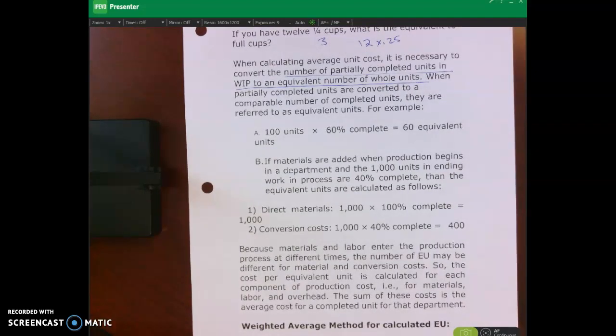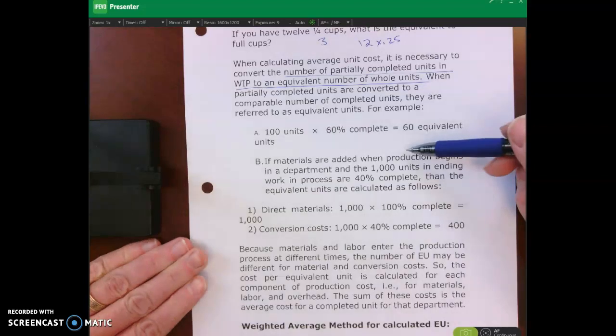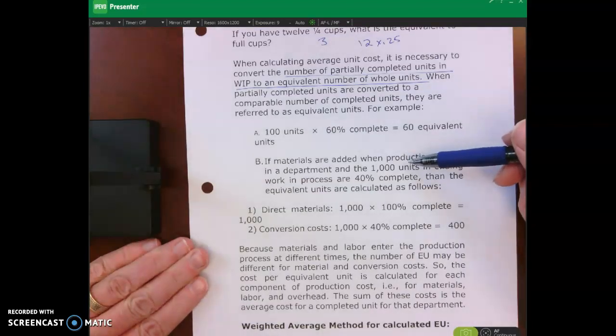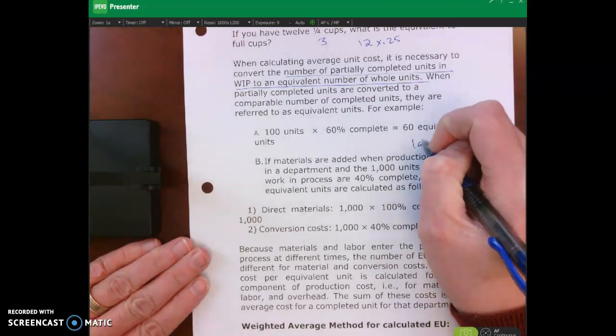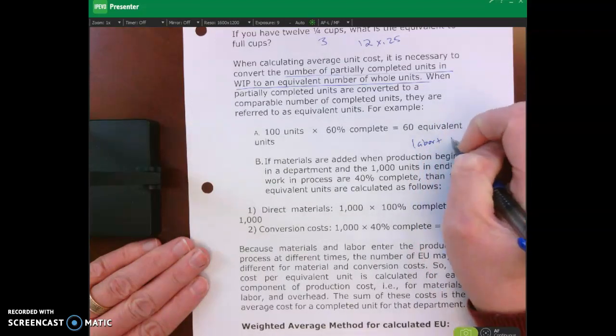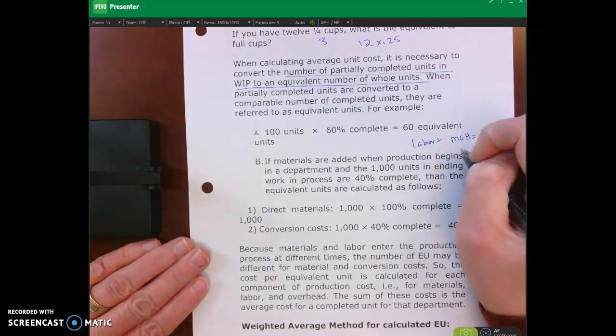Now here's the thing. This is what makes it a little bit trickier, is that materials can be added at a different point in the production process than labor and overhead costs. Now labor plus manufacturing overhead equals what we call conversion cost.